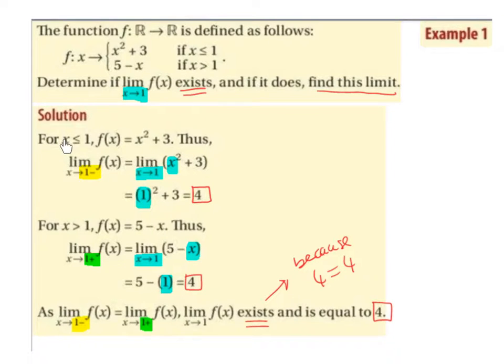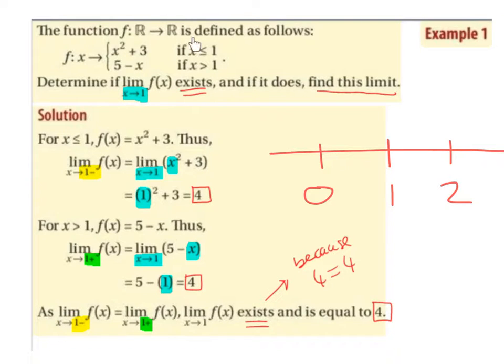So for x less than or equal to 1, f(x) is equal to x squared plus 3. Thus, the limit of f(x) as x approaches 1 from the left is equal to the limit of x squared plus 3 as x approaches 1. So what we do is we swap the x for 1, so we have 1 squared plus 3, which is equal to 4.